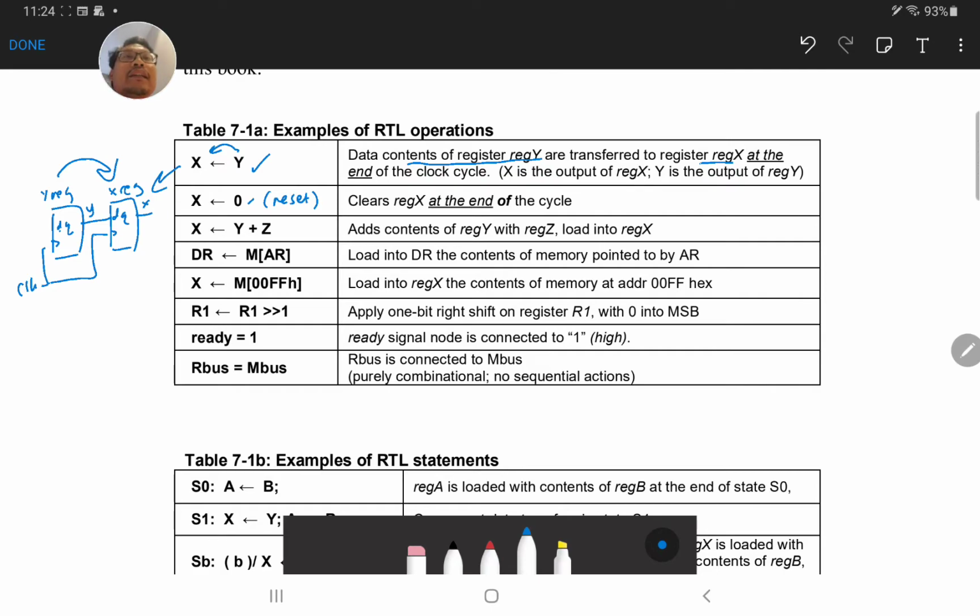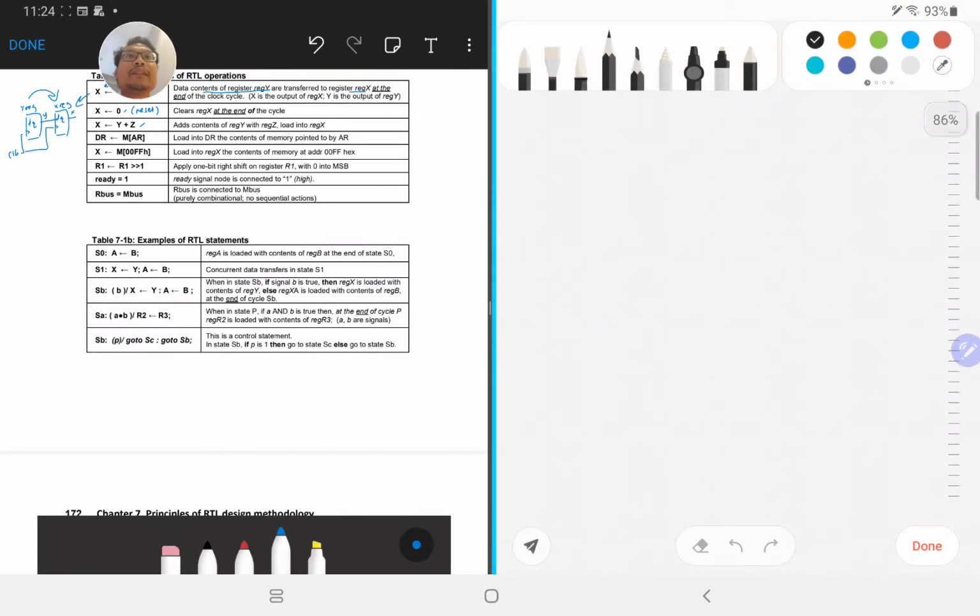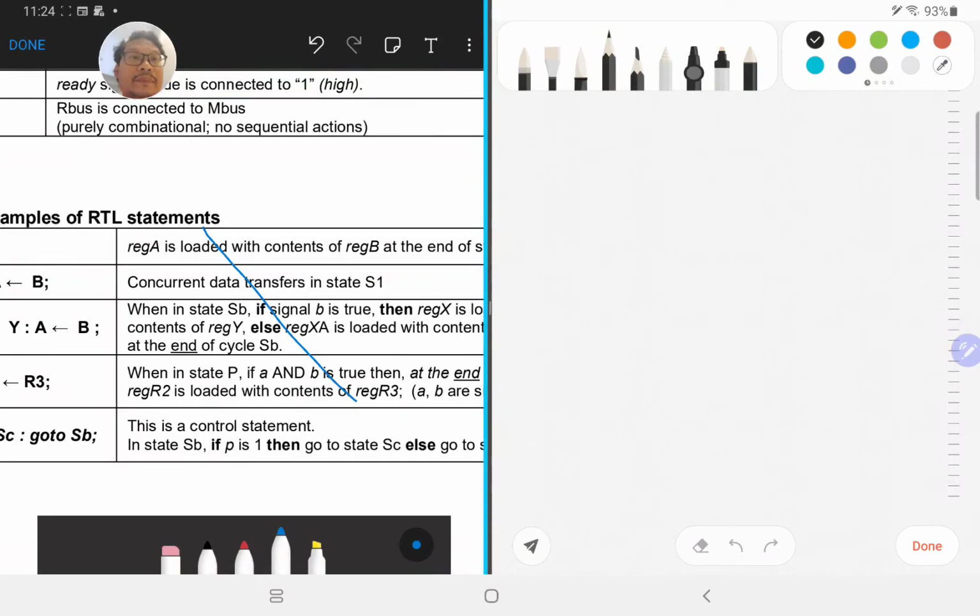Okay, X arrow Y plus Z. How is it going to look? We have the Y register and the Z register. Maybe I should get my notes here. Okay, let's make it a little bigger.